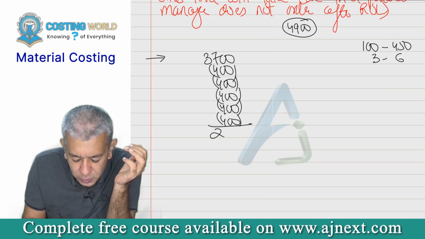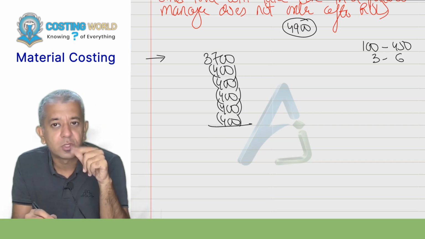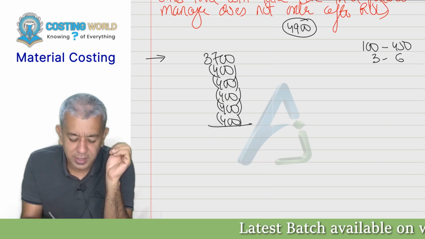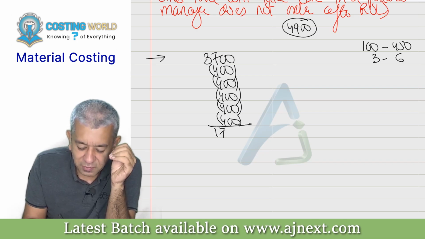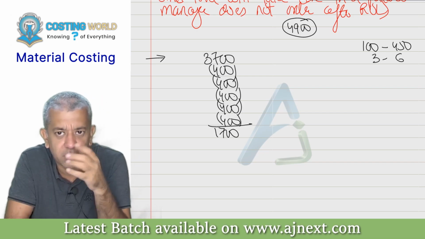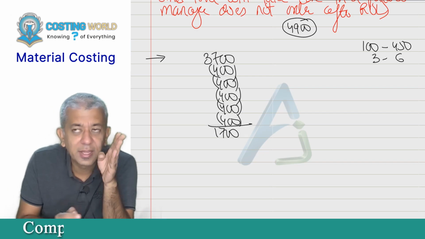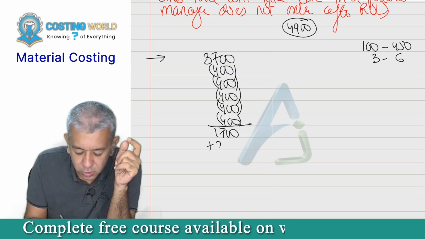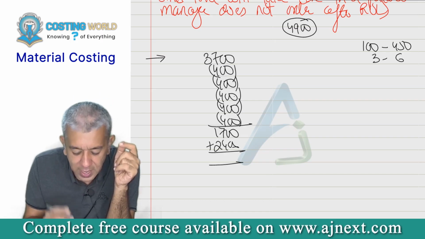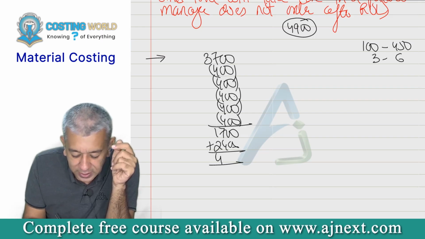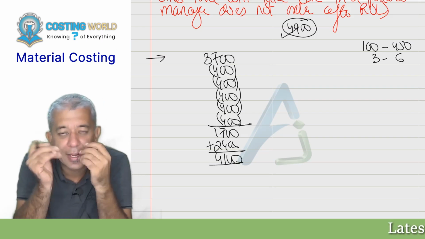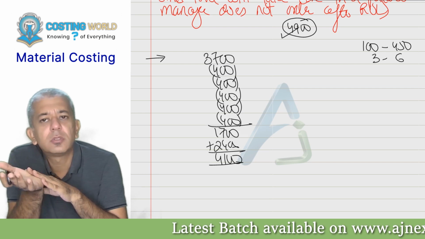In all, we consumed 2000 in those 5 weeks. After 5 weeks the supplier came. Can you say after 5 weeks stock will become 1700? Yes, sir. And on that day the supplier will come with new stock also. We will add 2400 to this. After adding this, did stock go above 4900? No, sir. So therefore he got saved.